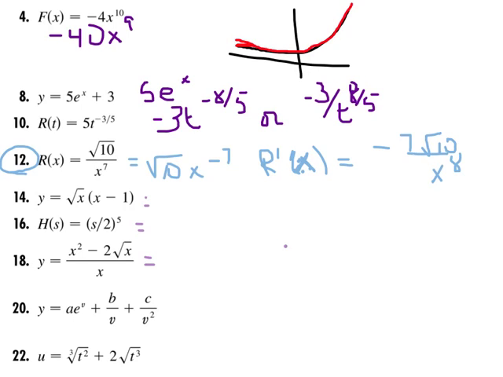So this means I want to take x to the 1/2 times x to the first and make it x to the 3/2, and then minus x to the 1/2, right? I want to write radicals as rational exponents, and then I want to find y prime from there. So I'm going to let you do that.